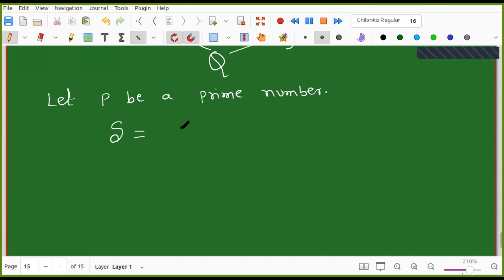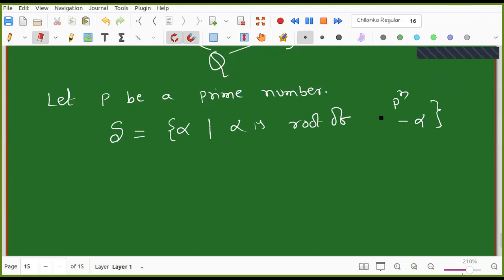My set equals all alpha, belonging to where, such that alpha is a root of x^(p^n) - x. Is the set clear to you?